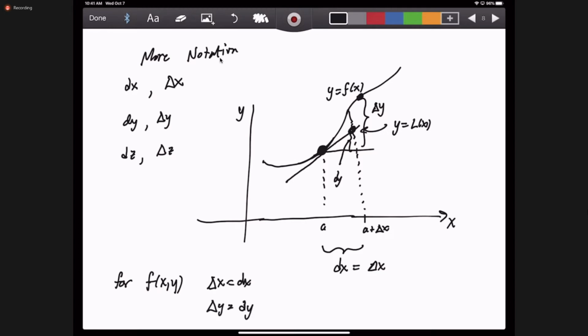Those two are going to be identified, and now delta z is going to be the true difference between evaluating your function away from your base point and at your base point. dz is the difference by moving along the tangent plane.